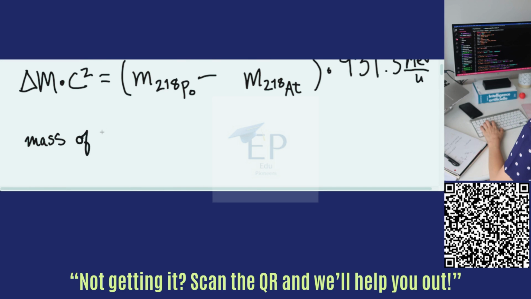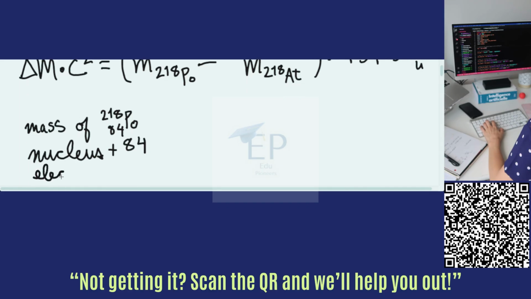of the parent, which is polonium 218, that was 84. That is the mass of the nucleus plus 84 electrons. That's for this one there.